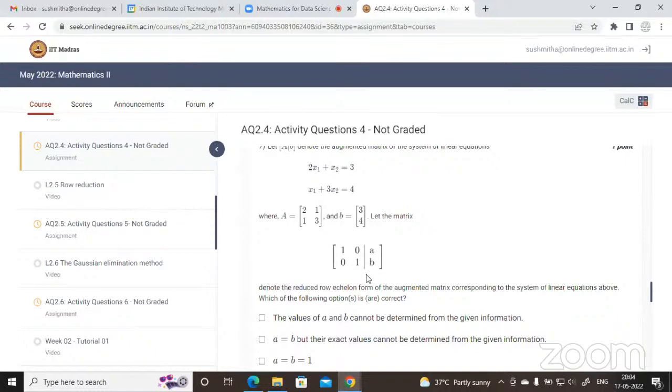So when we do operations on the augmented matrix, A and B will be automatically calculated. When we approach this reduced row echelon form, whatever the values of A and B would be, we would get them straight away from the reduced row echelon form.